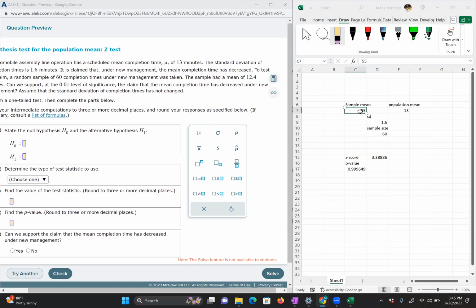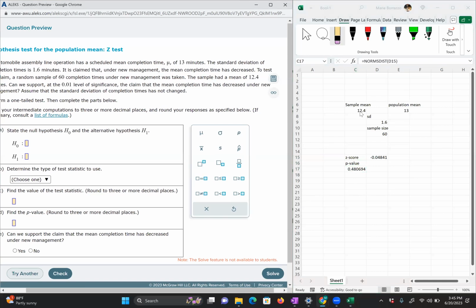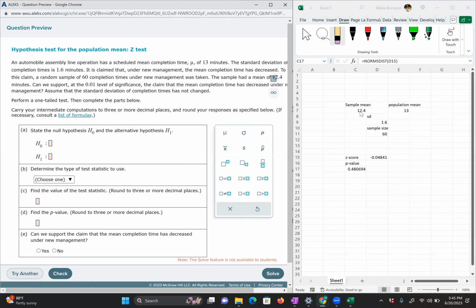So this should be 12.4. Notice that we have everything we need here. And we're also going to look at this as a one-tail test, which is what I did initially with the previous question.